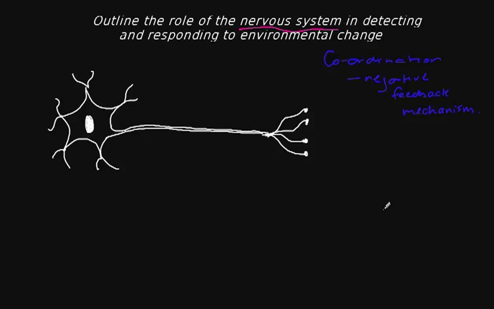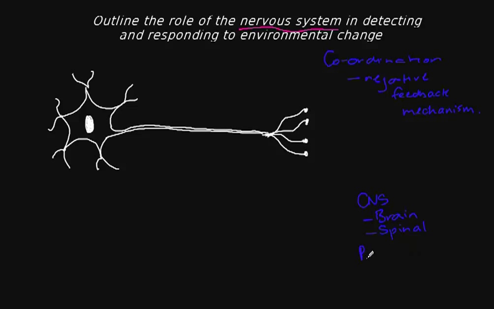The nervous system incorporates what we call the central nervous system, the CNS, and that is the brain and spinal cord.